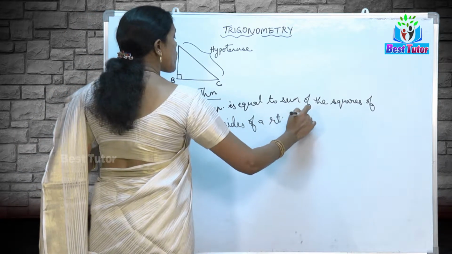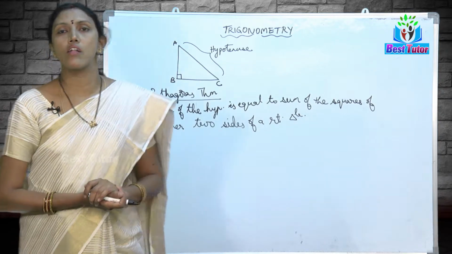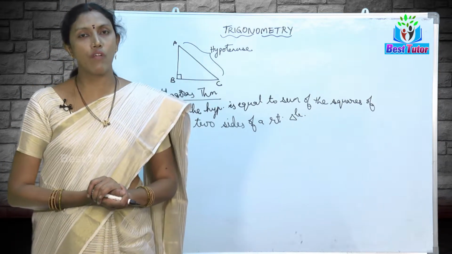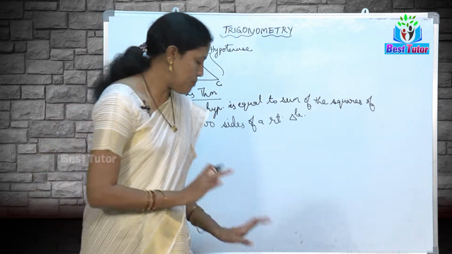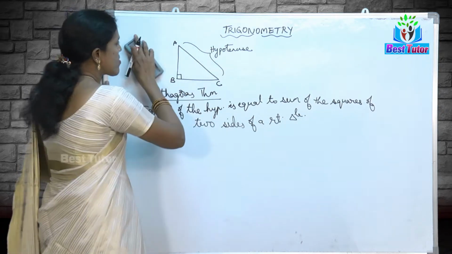This is possible only in the case of a right angle triangle. So in a right angle triangle, the square of the hypotenuse is equal to the sum of the squares of the other two sides. Now, moving on to the basics of trigonometry.